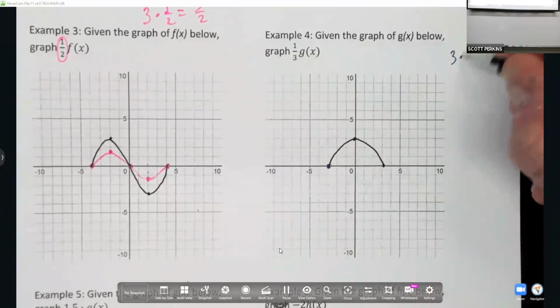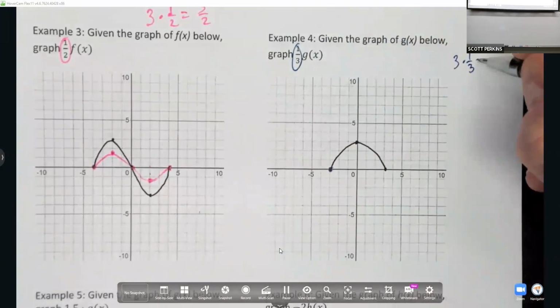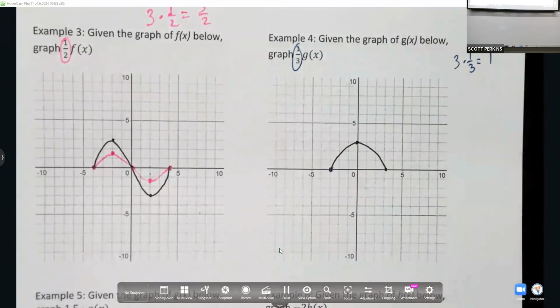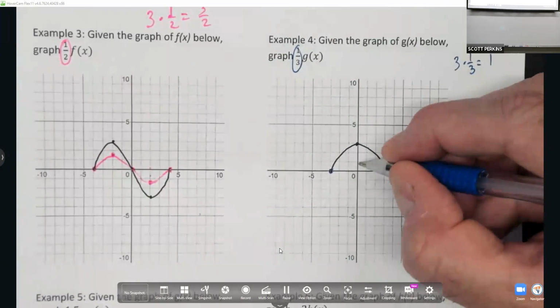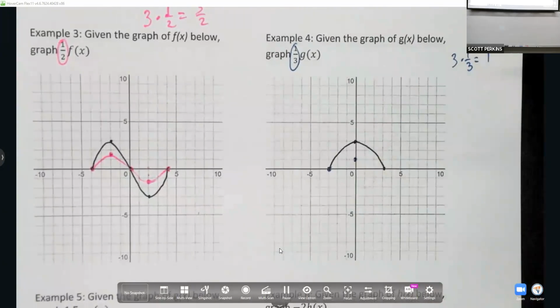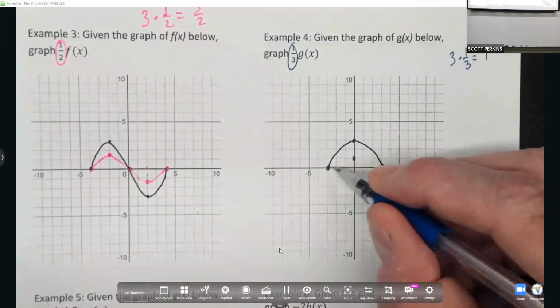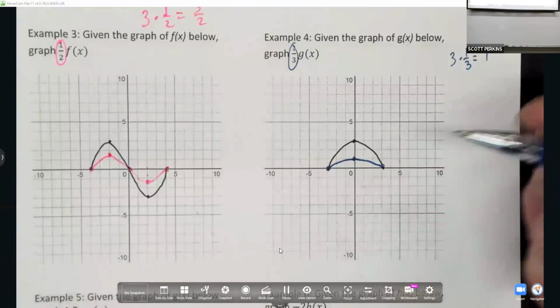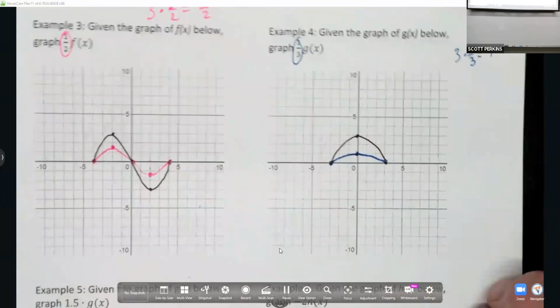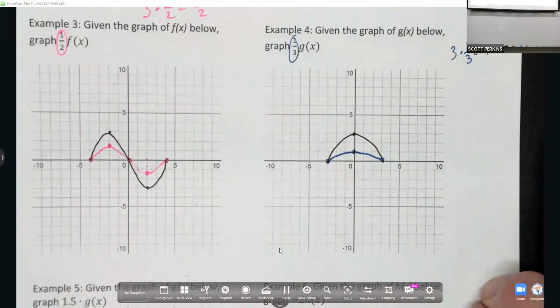So 3 times 1/3 is 3/3, or 1. 1 becomes the new y value. So I'm going to have my y value right here at 1. And then this other one over here is 0. And so what we've done is we've compressed the circle, pushed it down, and it's no longer a half circle anymore. It's just all compressed. A little better?